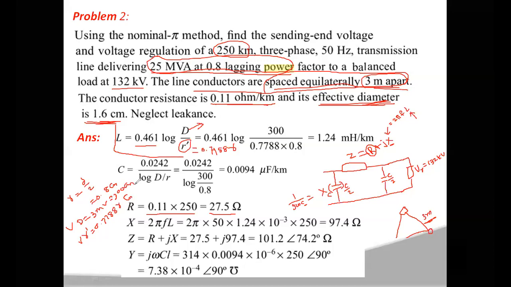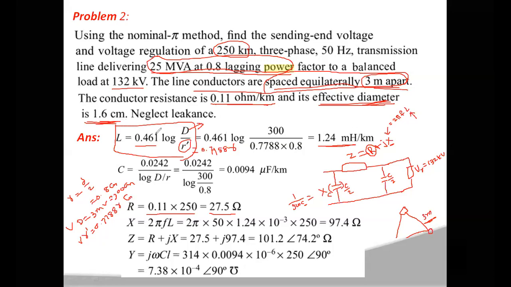Now in this formula, you have all the values, the D value and the R dash value. You simply substitute D and R dash in this formula. Then you will get the total inductance per kilometer of the transmission line, which is 1.24 millihenries per kilometer.